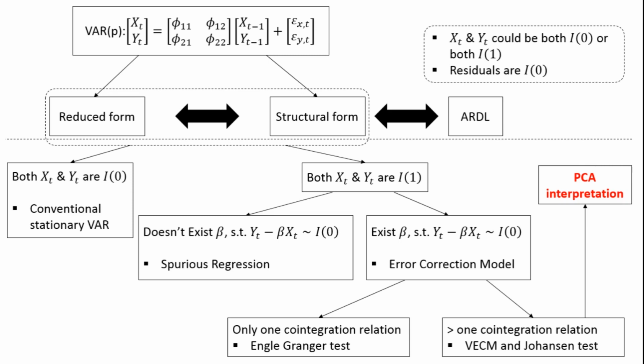But in the situation in which there exists a beta so that yt minus beta xt is stationary, we have an error correction model. With only one cointegration relation, we run an Engle and Granger test. In the situation in which we have many cointegration relations, we have a vector error correction model and the Johansen test to run.